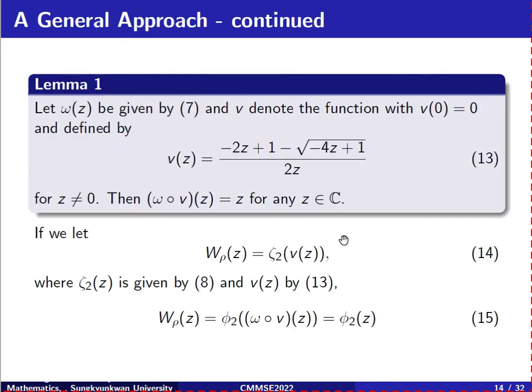So now we have a lemma. If we define V of g like this, then it happens to be the inverse of omega of g. Based on this, if we let W of rho of g like this, then W of rho comes out to be the second weight function.